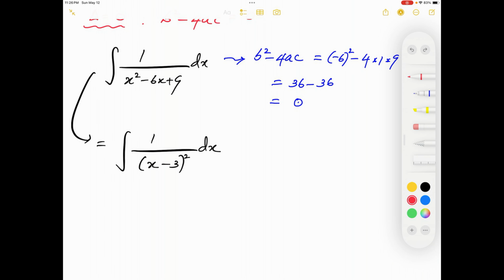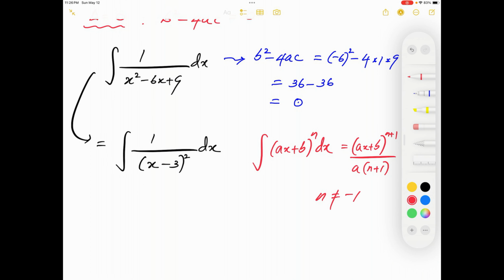Alright, now we are going to use the integration ax plus b raised to the nth power dx result from the standard table. We know that this integral is going to be equal to ax plus b raised to the n plus 1 all divided by a times n plus 1. This cannot be used if n is equal to negative 1.